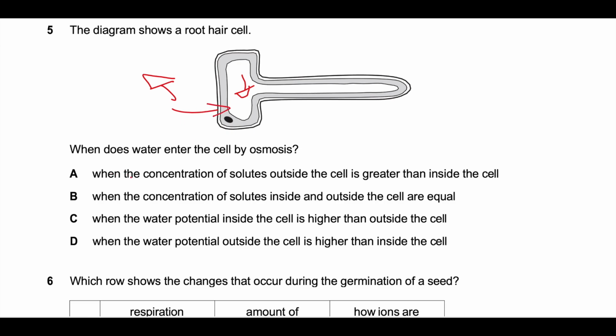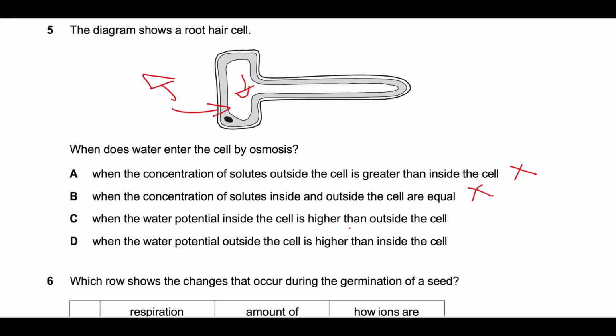Now let's read the choices. A, when the concentration of solutes outside the cell is greater than inside the cell, what does that mean? If the solute concentration is high, that means the water potential is low, and this is against the definition. So A is wrong. B, when the concentration of solutes inside and outside the cell are equal. Actually, there is no movement, so this answer is wrong.